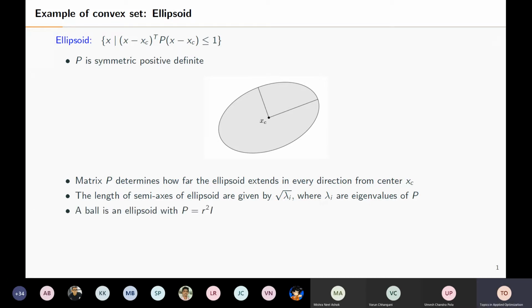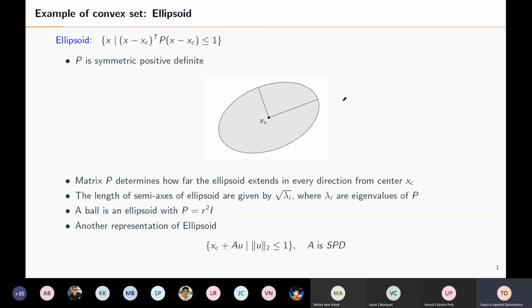These are eigenvalues of P. If you are looking for a ball instead of an ellipsoid, then you can put both the eigenvalues equal. That would mean that the stretching in either direction is the same, and that is how you get a ball. And the radius of that will be determined by this R square.